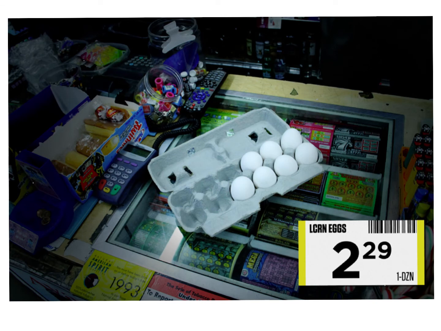Okay, now for eggs, $2.99 for 1 dozen. Remember, that's 12 eggs. Pause the video and figure out how much you should charge for 7 eggs. So here we go, $2.99 for 12 eggs. I'm going to figure out how much for 1 egg.